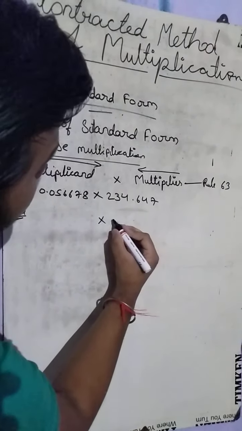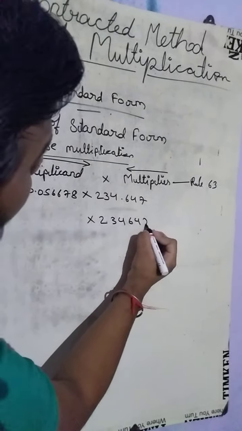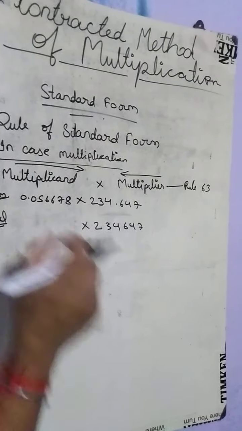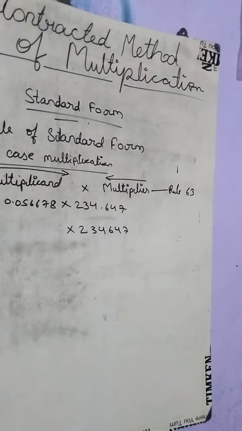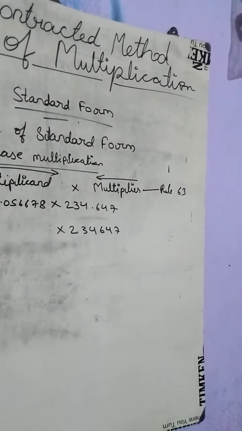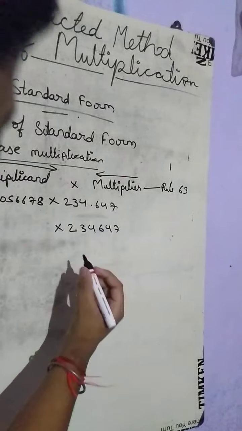First we will write 2, 3, 4, 6, 4, 7. We will only take one number before the decimal point. So in this case, we are giving the gap after only 2 number. We should remember this.